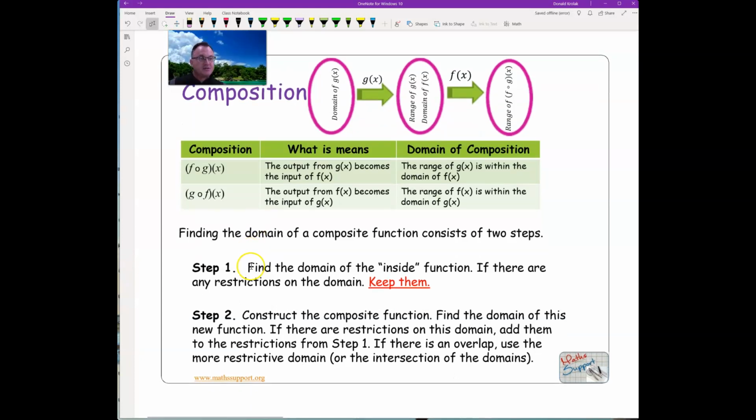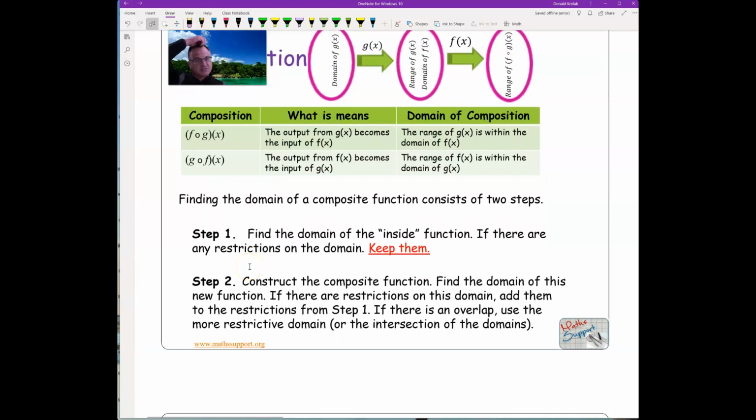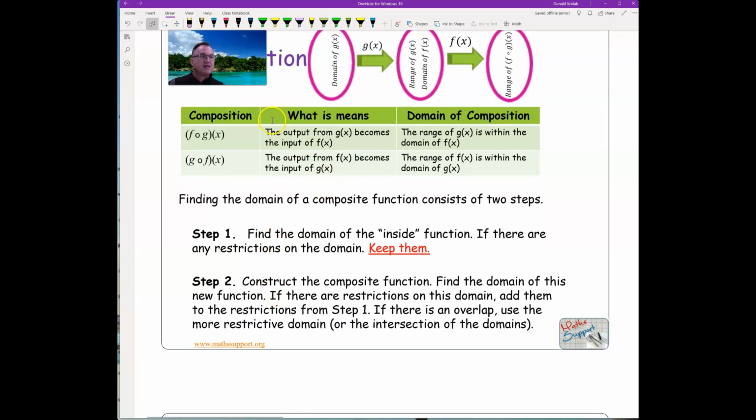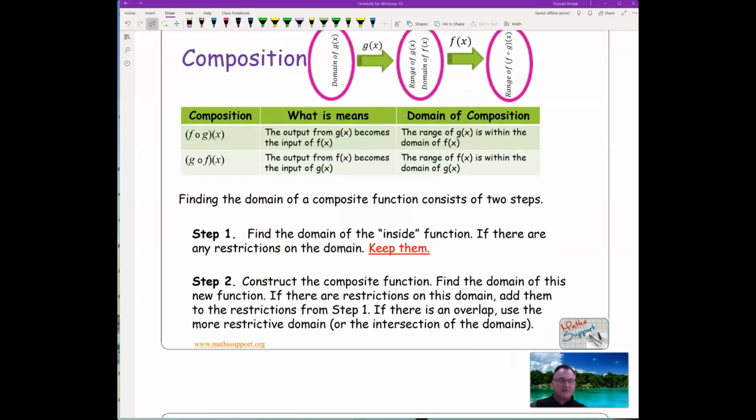So finding the domain of a composite function consists of two steps. Our first step is to find the domain of the inner function. If it has any restrictions on it, then we're going to keep those. Then we construct the composite function and we calculate the domain of that.